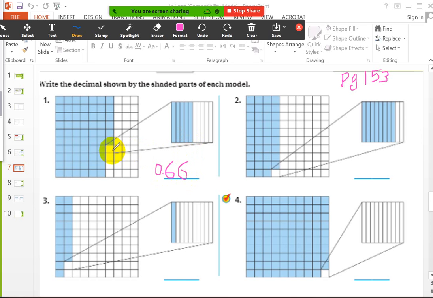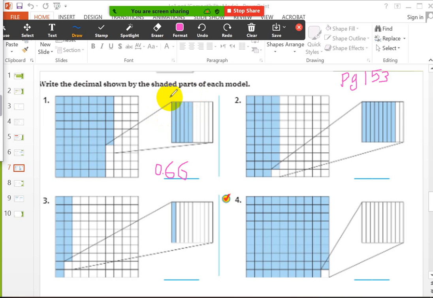Okay, but I have also, in this small square, I have also what? Count the number of shaded parts. It will be what? 1, 2, 3, 4, 5. I have also 5 parts shaded here.